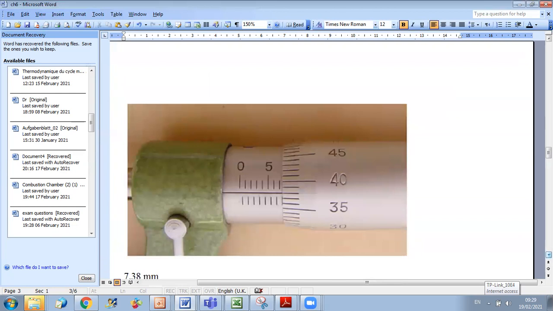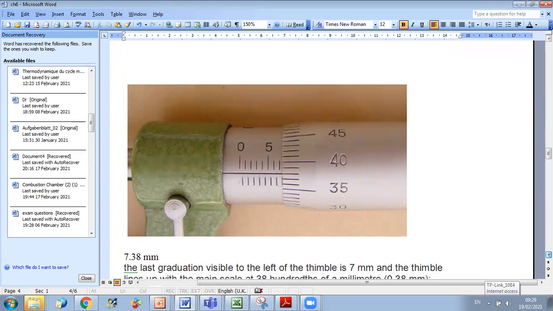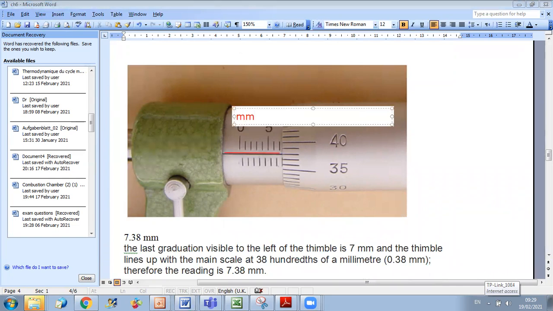So this is another scale. Instead of having a linear scale, we can have a rotary scale. In this case, how do we read the values? First, for the main scale, this is your main scale, and here you have a notation to tell you that this reads millimeters.